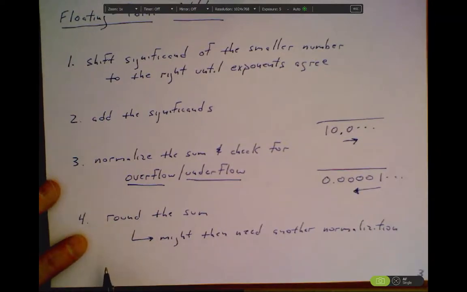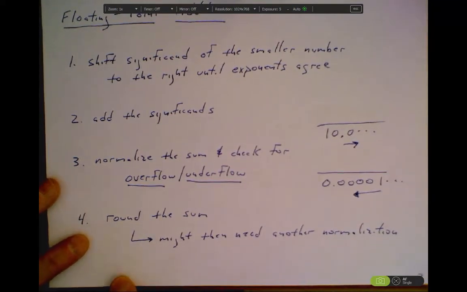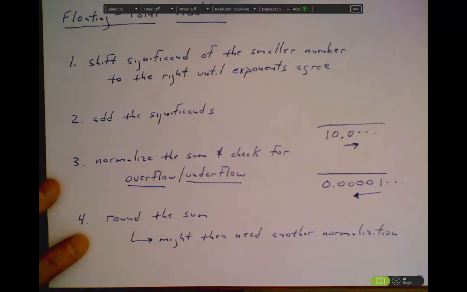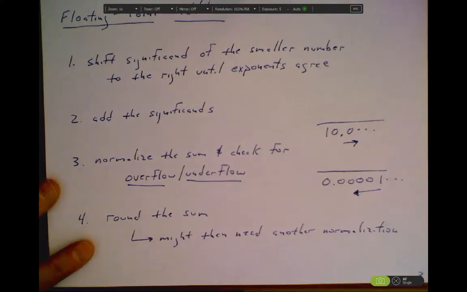After I've normalized, then I may have some extra digits, and similar to what we looked at when we did the int to float conversion, I can use those extra bits that I can't fit into the 23 bits that I can store for the significand. I can use those to round. I can use the round to even algorithm, for instance.